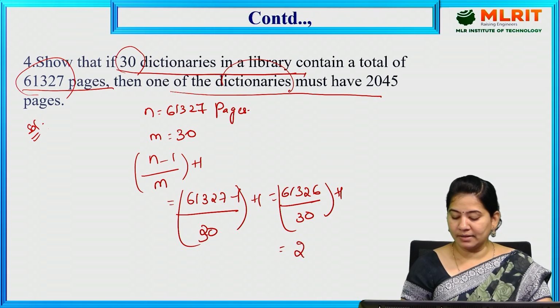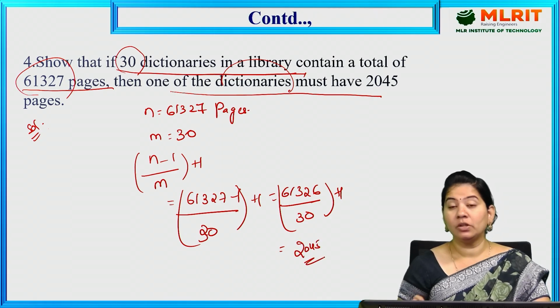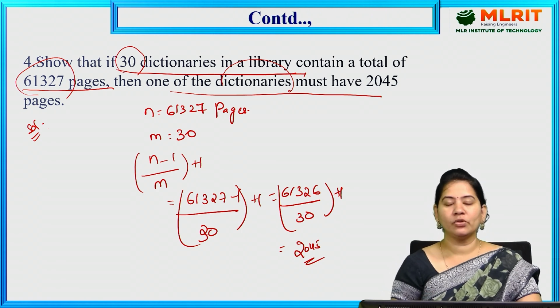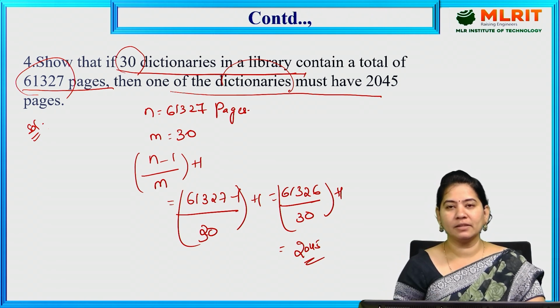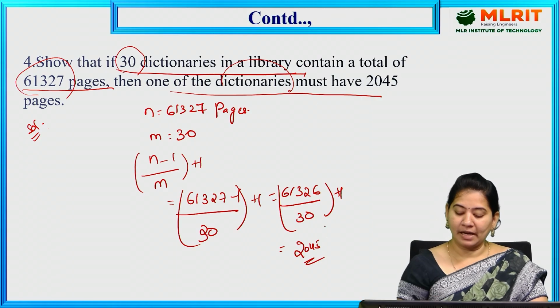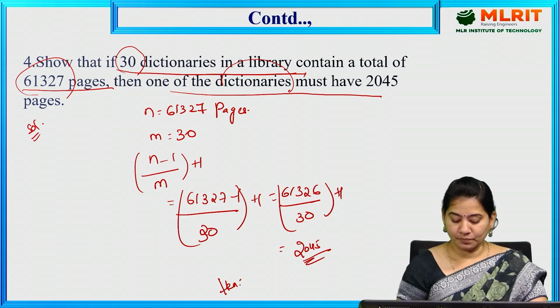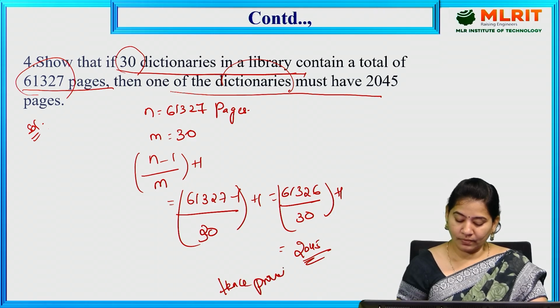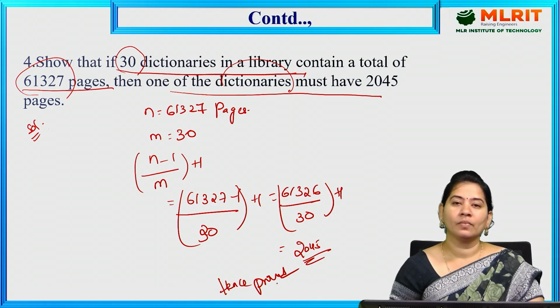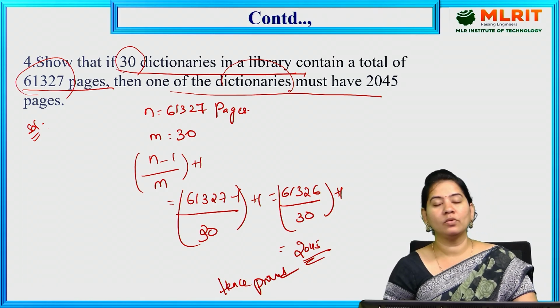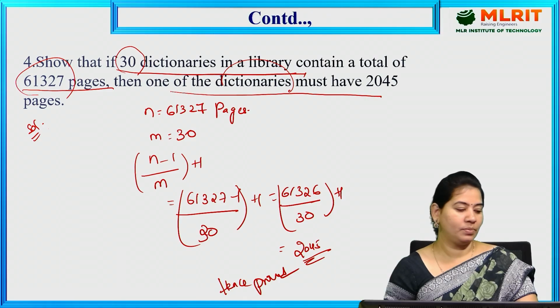If you simplify it, you will get the answer 2045. By using a calculator also you can simplify it. So this is the final answer. As we got the answer 2045, we can say it is hence proved. So these are the problems that help you understand how to solve questions regarding the generalized pigeonhole principle.